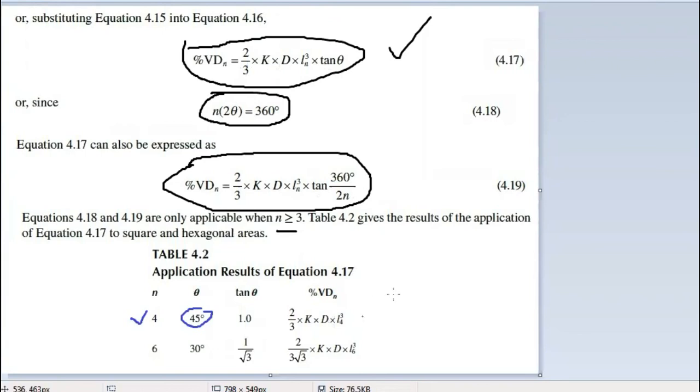So this is the result here. Or else you can substitute n equal to 4 directly here, and you will get the same answer. And for the hexagonal shaped service area, n is 6, and take theta equal to 30 degrees, so tan theta is 1 by root 3, and you will get the same answer. So if you compare with the previously calculated expressions, you will get the same answer.